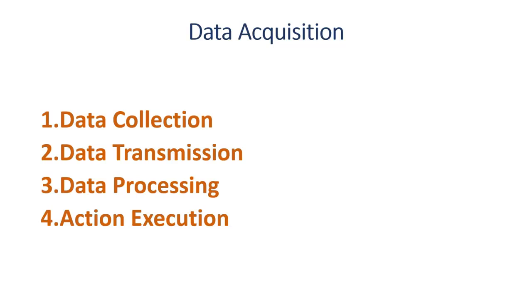Sometimes positional values can also be collected, like GPS location, orientation, tilt. And sometimes operational data can be collected, like motor speed, battery level, vibration, pressure. For example, a temperature sensor in a smart greenhouse records the current room temperature all the time.